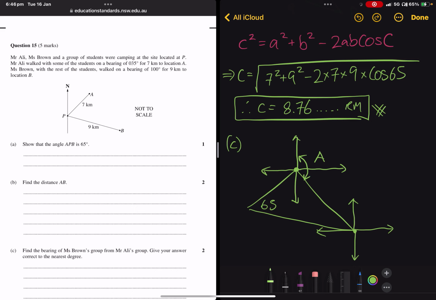So when we look at a question like this, the bearing is really broken up into 2 parts. Right? There is a section here, which is 90 degrees, and then there is another section down here, which we might call, it doesn't really matter what we call it, let's just call it alpha. So the bearing we are after is 90 plus alpha.